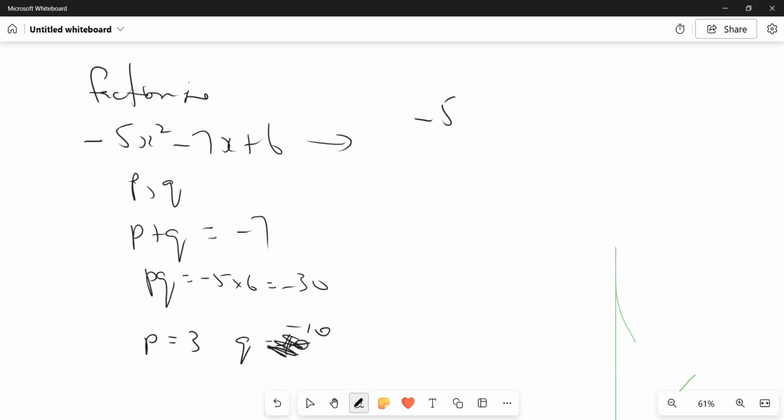You get minus 5x squared plus 3x. And I'm doing this deliberately. If I put the minus 10 here, you can get some complications. Minus 10x plus 6. All right. You'll have complications no matter what.